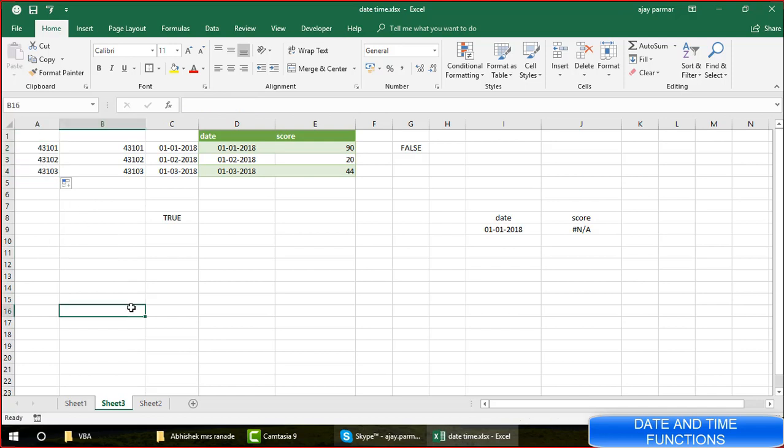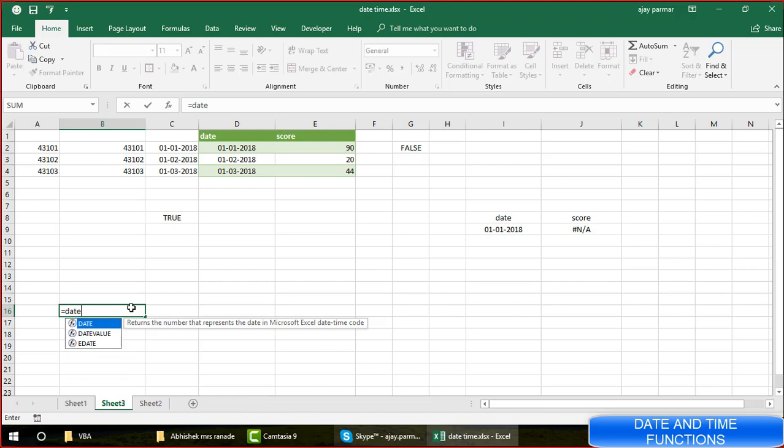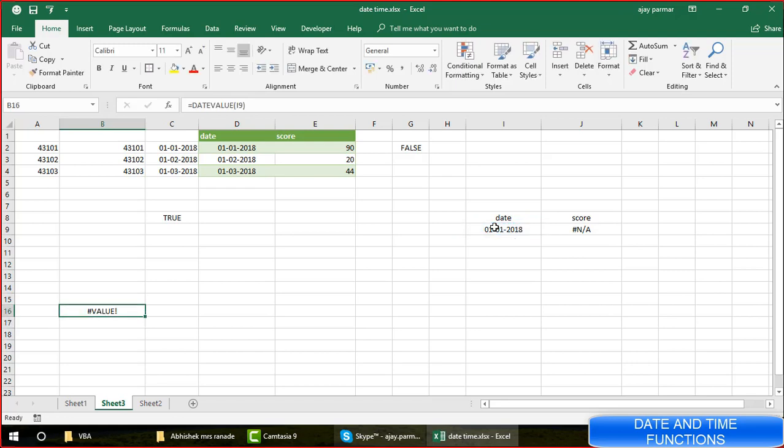For example, I say DATEVALUE, and you know that this is a number, so this formula won't work. When you write this function, it says date_text. So the date has to be text. If the date is not text, it won't work.